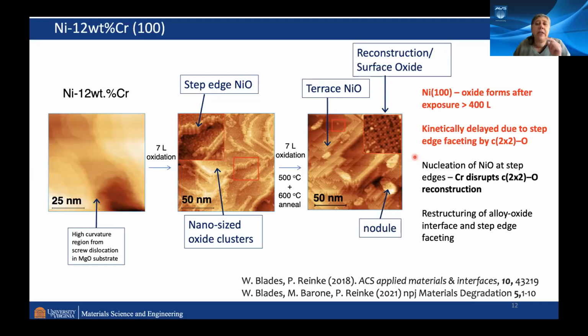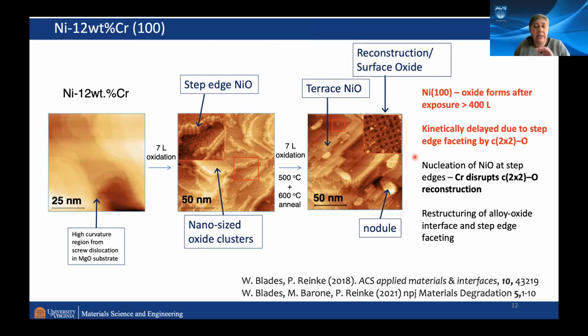So if I compare that to nickel 100, for nickel 100, you need 400 Langmuir or even more to form nickel oxide on the surface, because it's kinetically hindered.